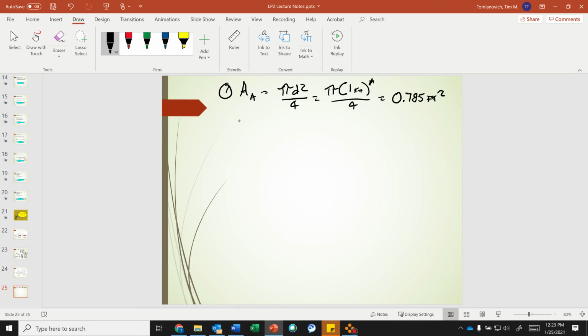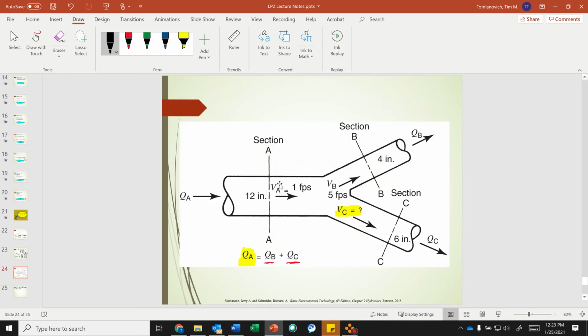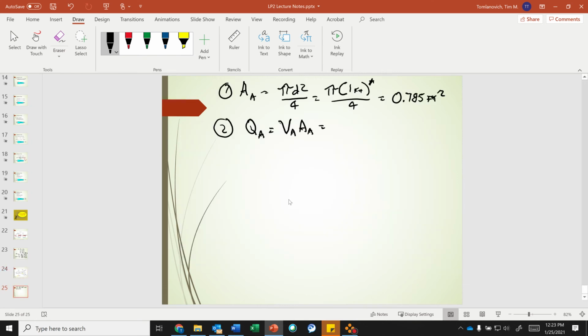So now I can find QA. Step 2: QA equals V at section A times the area at section A. The problem told us 1 foot per second, multiplied by 0.785 square feet.